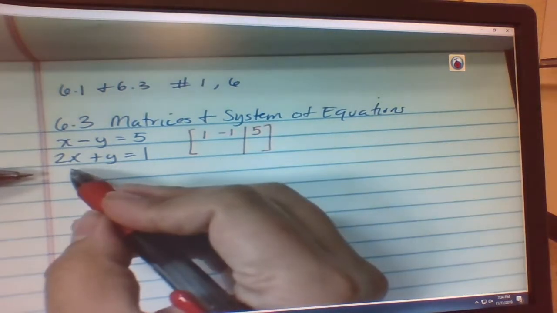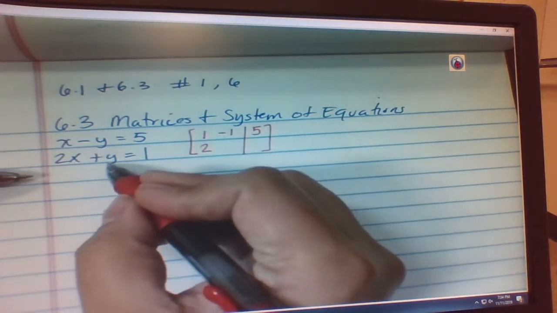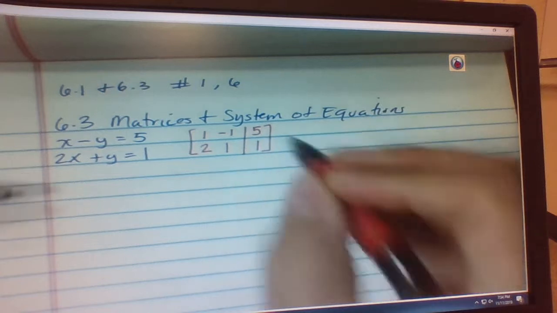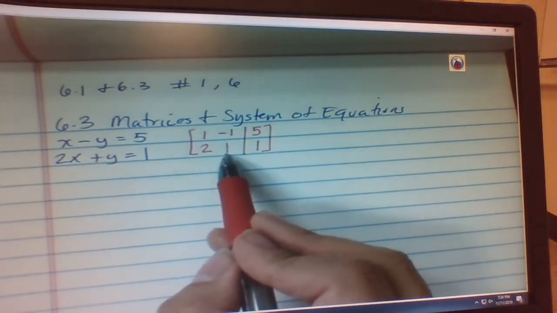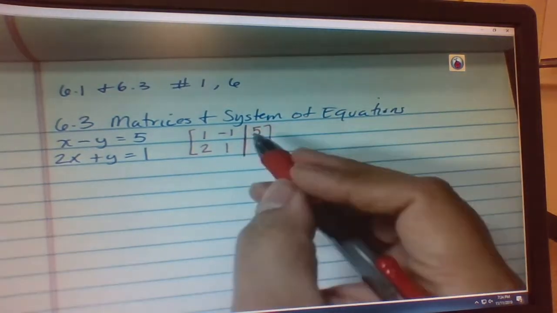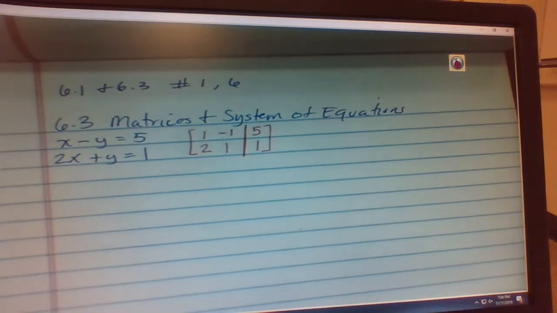Now, what's your coefficient here? 2. And here? 1. And then we have a 1. So we put your coefficients, a line that goes straight up and down, and then what they're equal to. So this is a matrix right there.